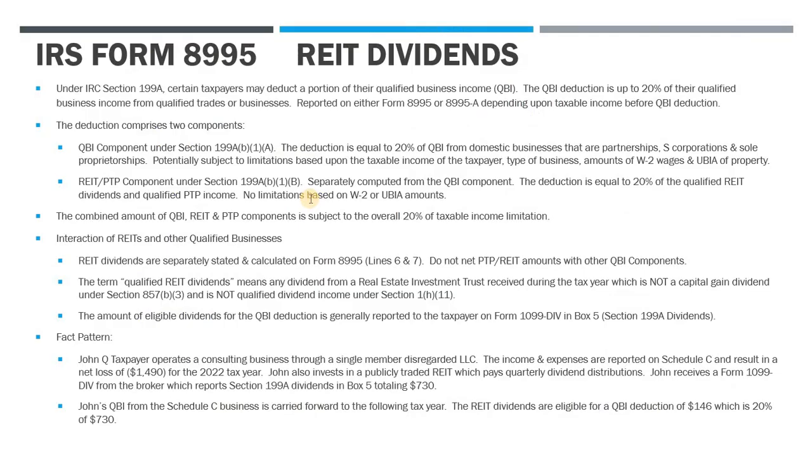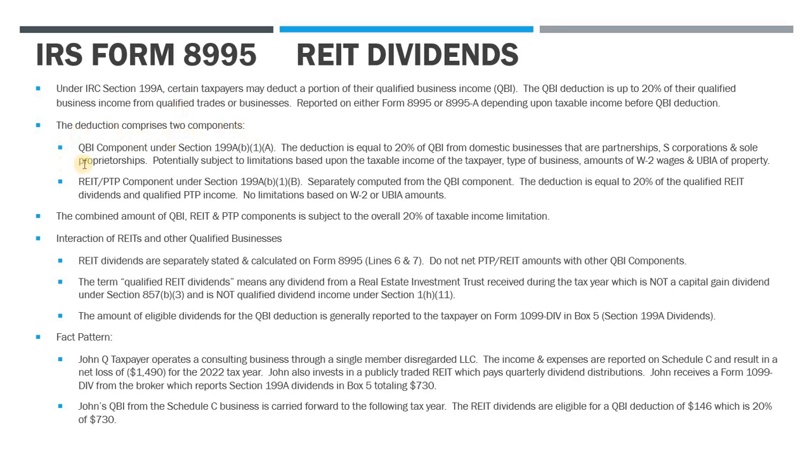And then lastly, I do have one slide here covering some background on QBI and then the interaction between REITs and the other QBI, or rather qualified businesses, that might be reported on the 8995. So when we talk about the qualified business income deduction, it's really two pieces, right?